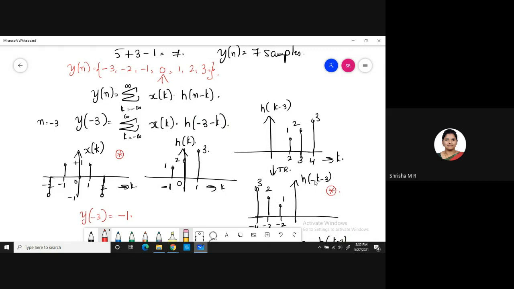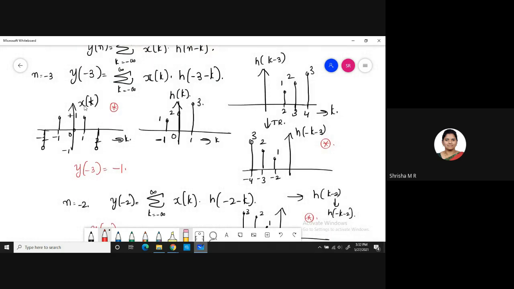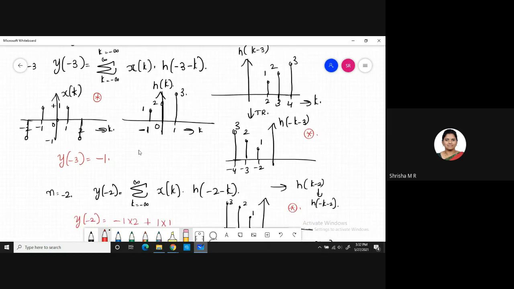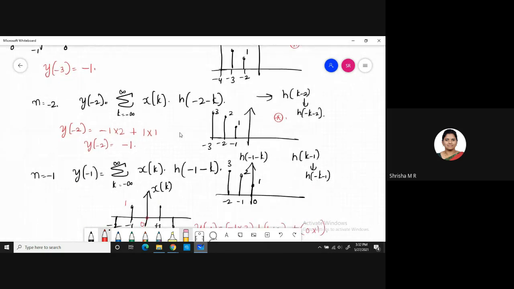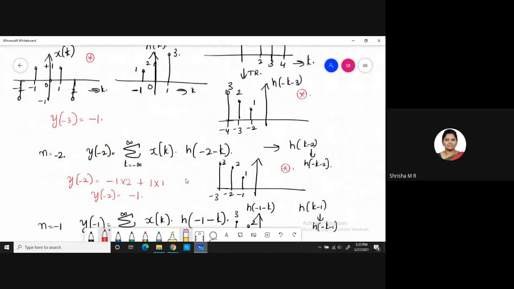Now check where the overlapping is between x of k and h of minus 3 minus k. The overlapping is only at 2, so it is minus 1 into 1, it's minus 1. Similarly we did n is equal to minus 2 and checked the overlapping space.